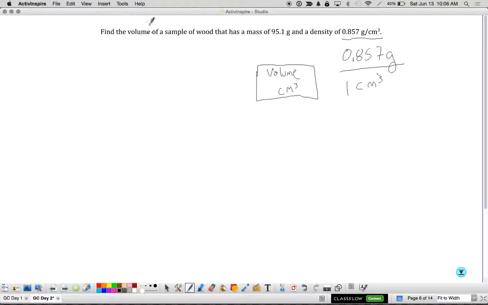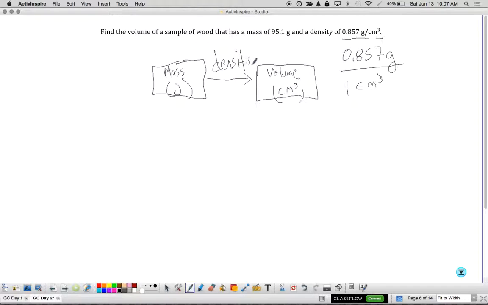It doesn't tell me what unit, so I can select the best unit for me, and since I have grams, those grams are going to cancel and I'm left with centimeters cubed. I'm going to get that from the mass in grams, and the name of the conversion factor that converts between mass in grams and volume in centimeters cubed is density.